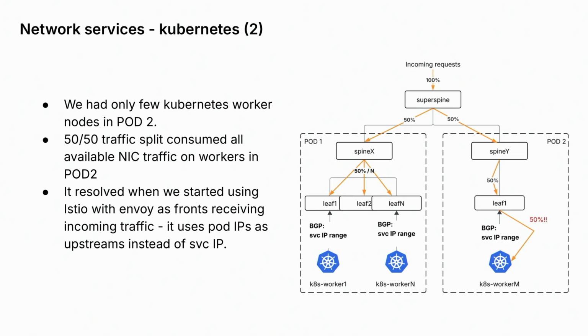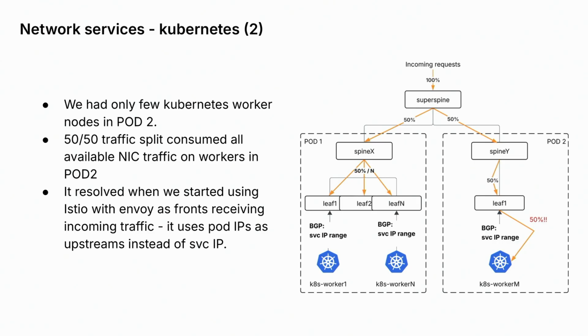But at one point, the Kubernetes team launched a few servers, like 2 or 3, I think, on pod 2. And it advertised service IP addresses, and it got advertised to superspine.